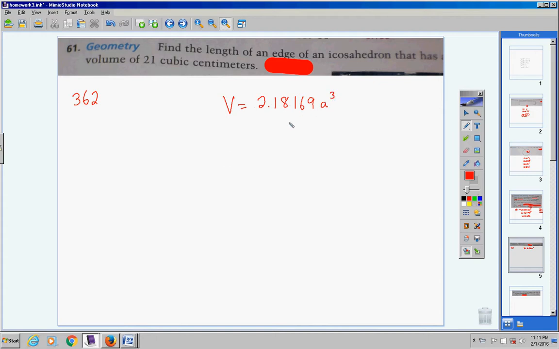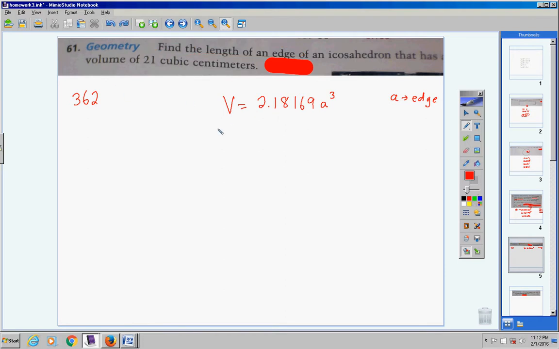Now, in all of these formulas, a stands for the length of the edge, okay? So it says find the length of an edge that has a volume of 21. So they're giving you the volume, you're looking for A. Very simple. They're giving you the volume, you're looking for A, because A stands for the length of an edge. And that's what you're looking for. Find the length of an edge.